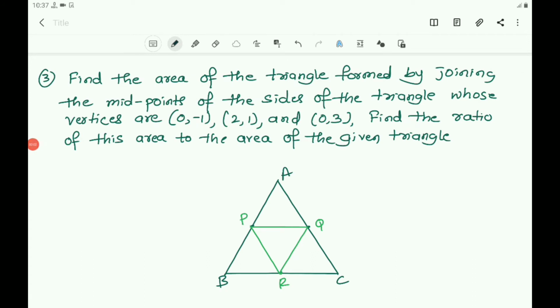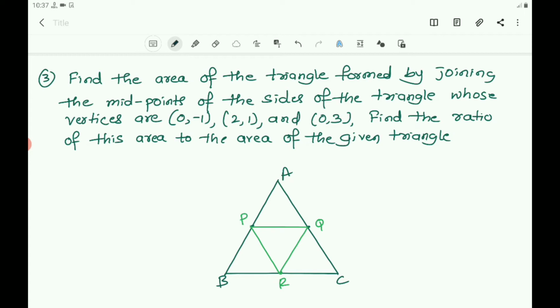Next, the third question. Find the area of the triangle formed by joining the midpoints of the sides of the triangle whose vertices are 0, minus 1, 2, 1 and 0, 3. Find the ratio of this area to the area of the given triangle.